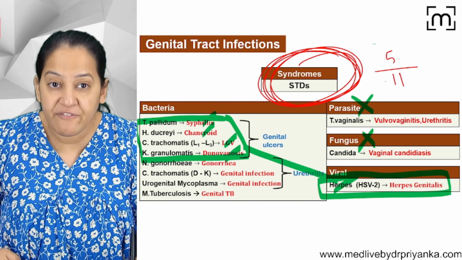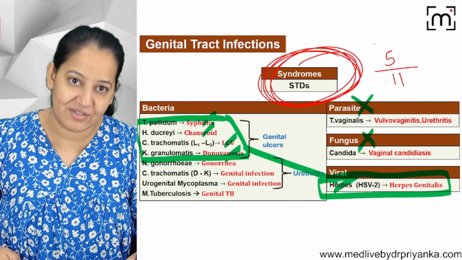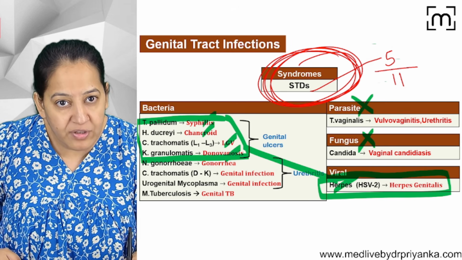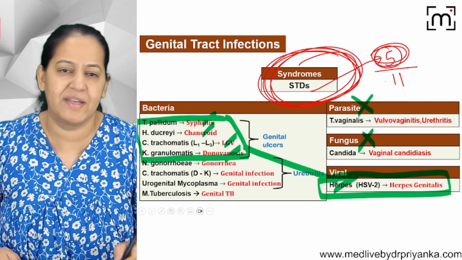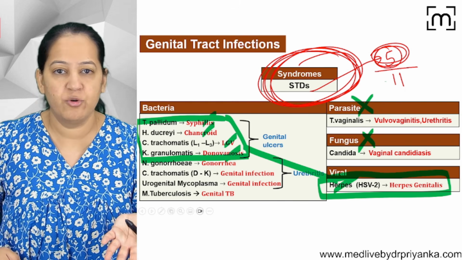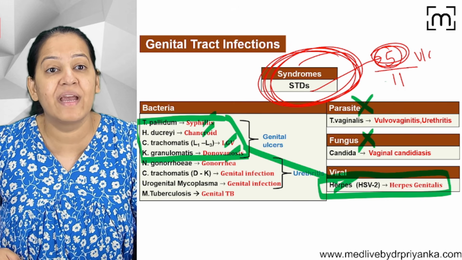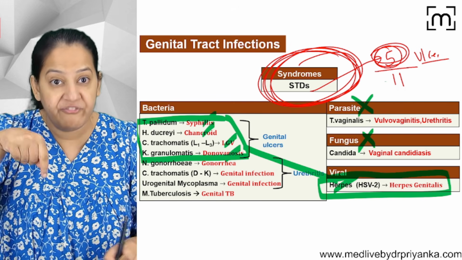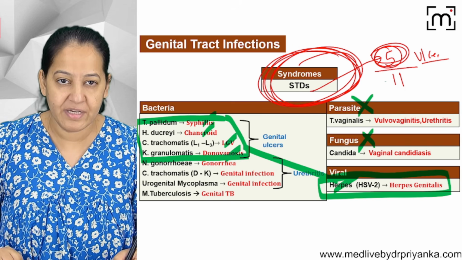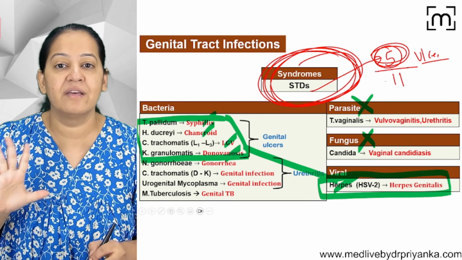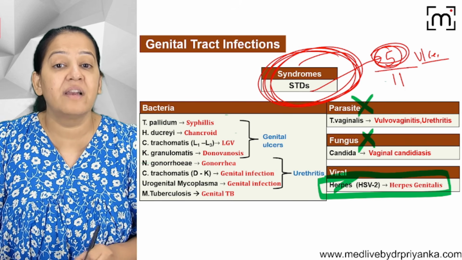Among 11, 5 of them cause genital ulcer or blister. So I'm telling you approach for these 5, not for the remaining. The remaining are causing infection. We have to do various tests for them. But looking at the ulcer itself, how we can decide, is it an ulcer of which among the 5?